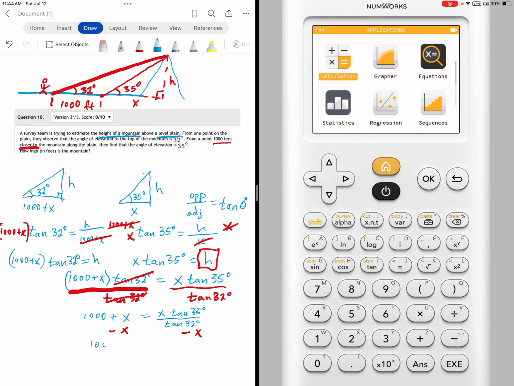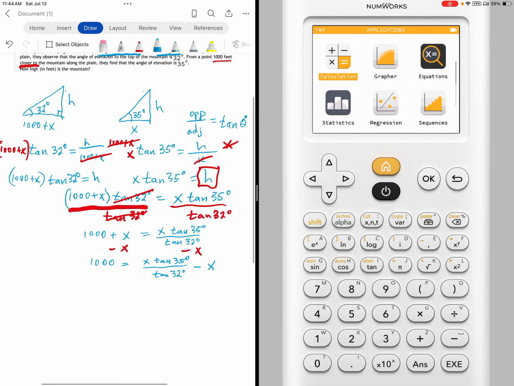So then we get 1000 equals x times tan of 35 degrees over tan of 32 degrees minus x.